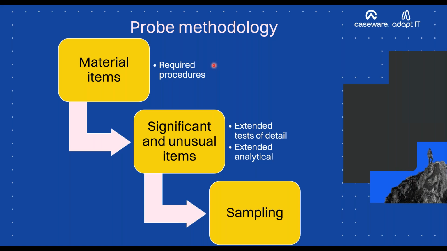If you don't have any material items in your population, you have no audit evidence, right? So we have to move on to other options. The other option is then in your extended test of detail to select significant and unusual items. Of course, if you choose to do analytical review procedures, that will be analytical review procedures. And then lastly is your sample. All right, so that's just linking it to the methodology.